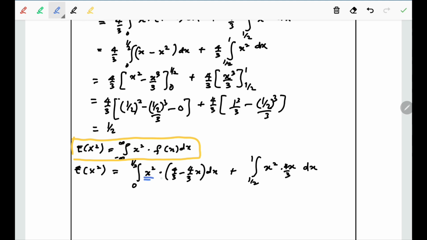Okay, this is something that you have to remember, that you have to multiply x squared with all those functions.